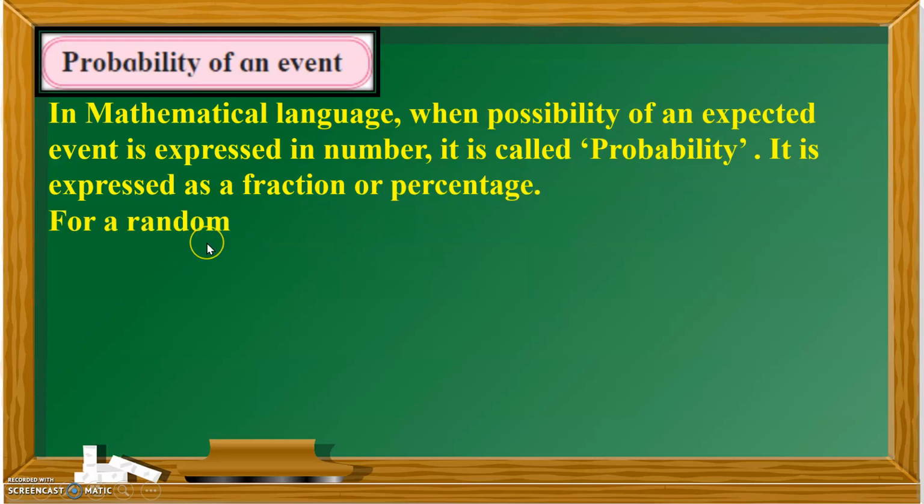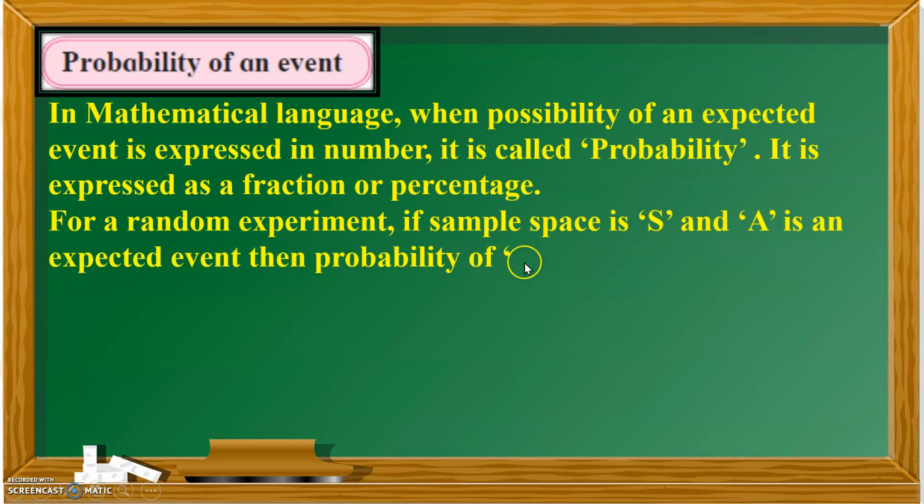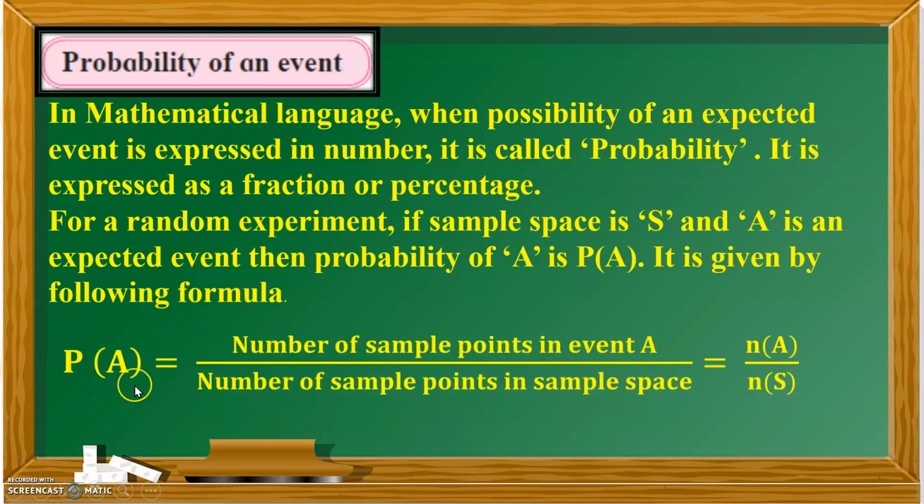For a random experiment, if sample space is S and A is an expected event, then probability of A is P of A. It is given by the following formula. That is, P of A is equal to number of sample points in event A upon number of sample points in sample space. That is equal to N of A upon N of S.